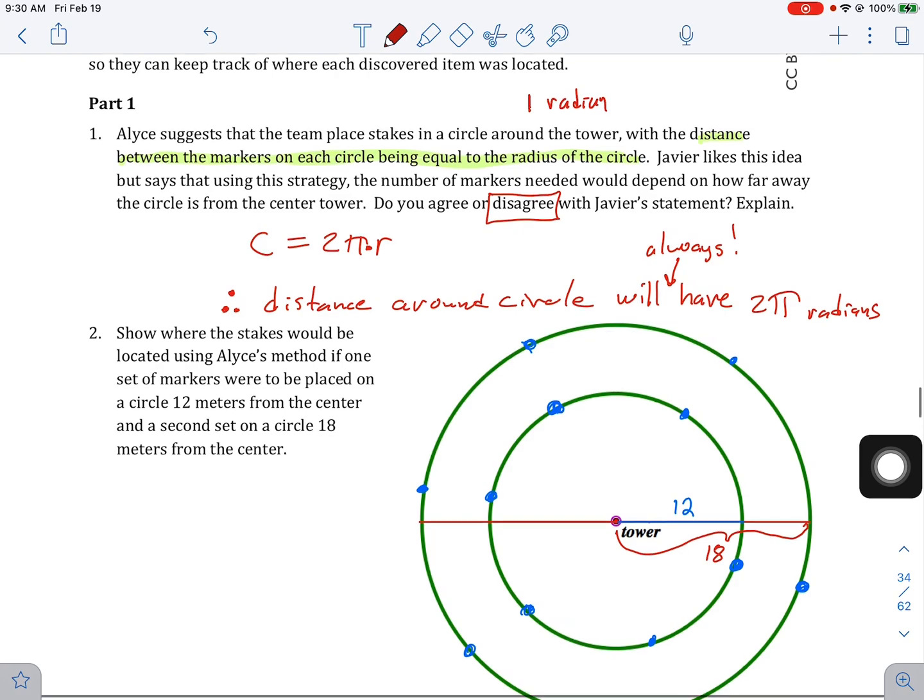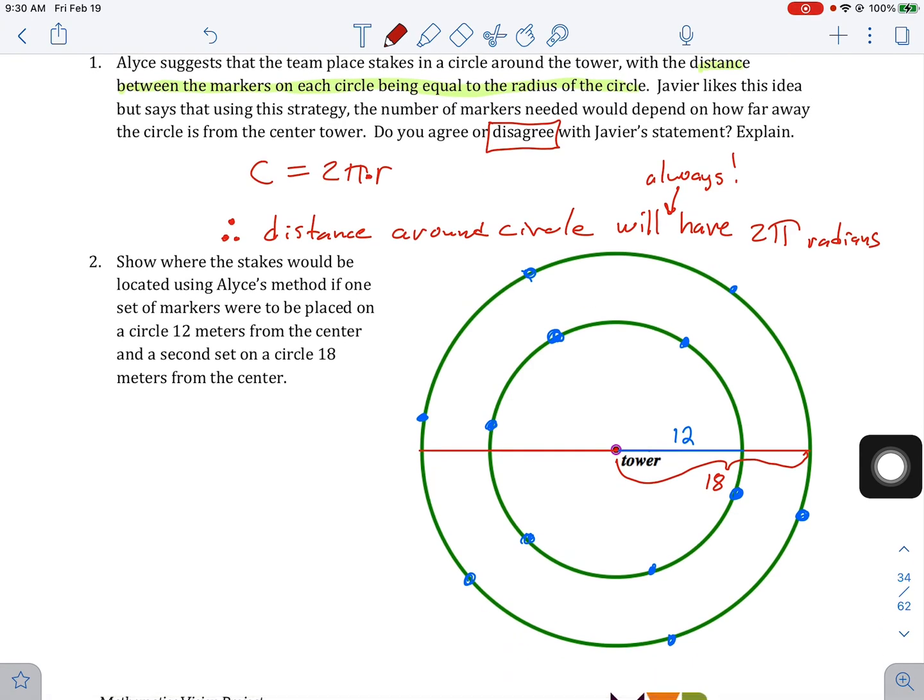So as an example, on number 2, show where the stakes would be located if they were placed on a circle 12 meters from the center and another one with 18. Each of these needs to be the distance of 1 radius. So if the radius is 12, the distance of this arc would be 12, and then you would have another one that would also be 12, and so on.